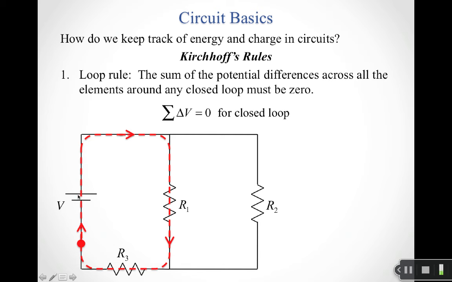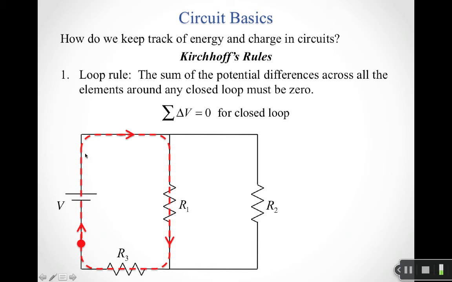If this is a negatively charged plate and that's a positively charged plate, my electric field would point from the positive to the negative, and I'm moving against the electric field, which means I have to be increasing the potential. So when you step from the negative to the positive terminal of the battery, where the negative is the shorter line and the positive terminal is the longer line, you increase the potential going in that direction. So this is a potential increase.